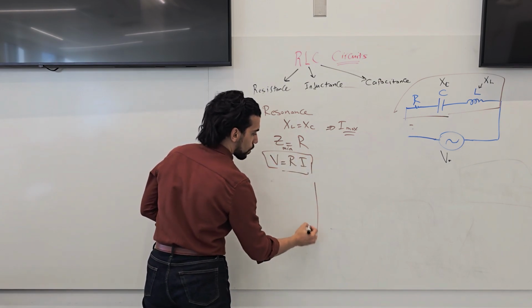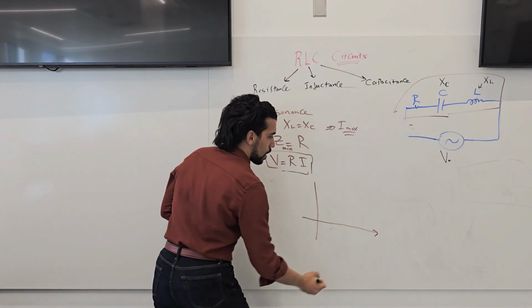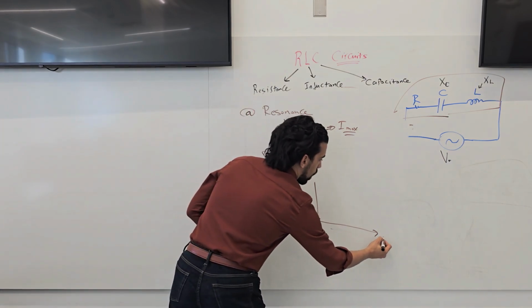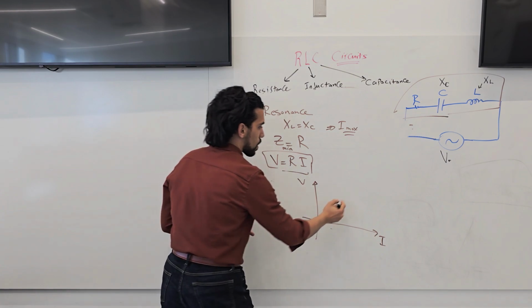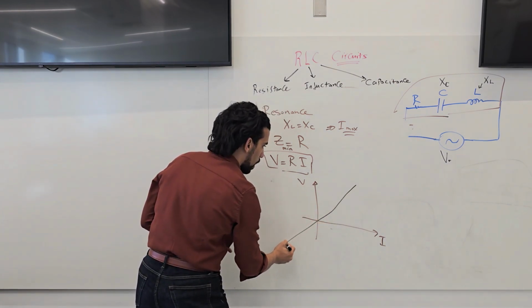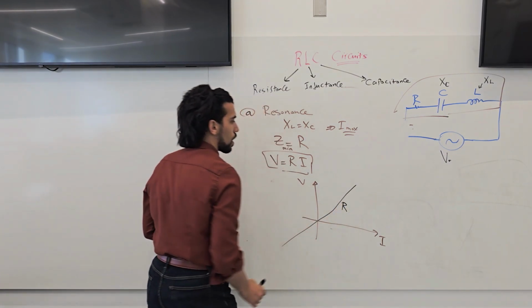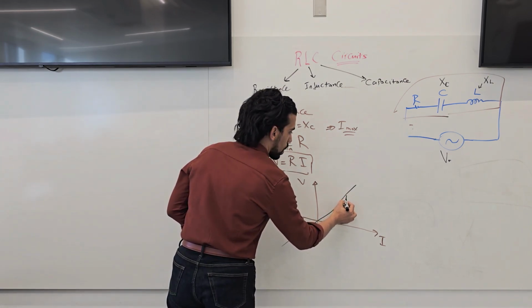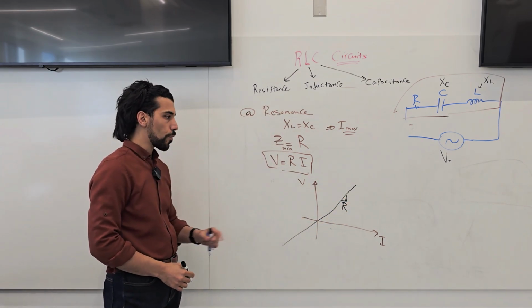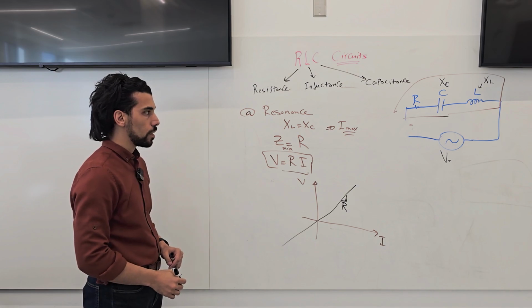Basically, if you were to draw I with the voltage, you can see it's going to be a straight line, which represents the resistance itself, which is the slope of this line.